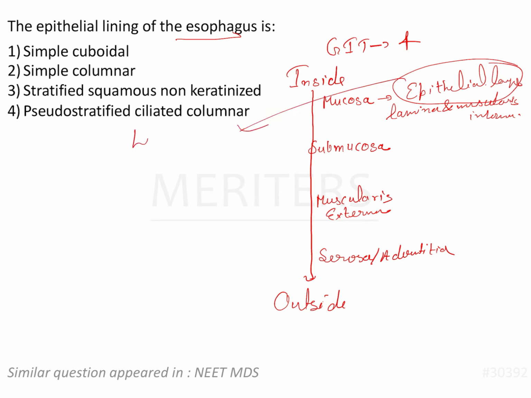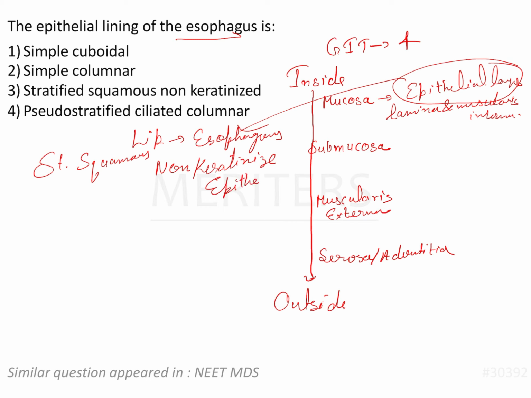So from lip to the esophagus, it is going to be the stratified squamous non-keratinized epithelium. So I hope you have got your answer here about this question, but we'll be discussing the complete thing here.